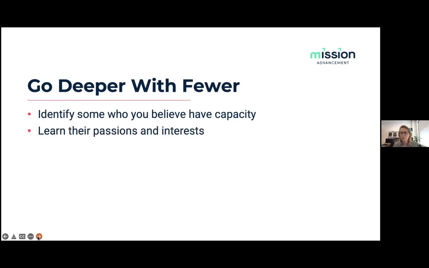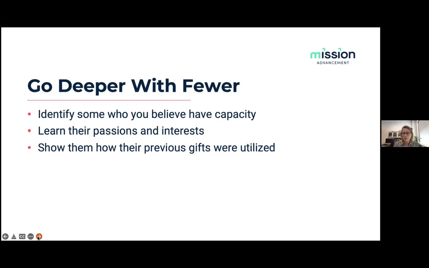You spend time with them, ask them why they support you, what else they do philanthropically, understand what makes them tick, show them how their giving has been utilized previously, give them some examples. If they've given you $5,000, what does $5,000 do in the context of your mission? How can you make that tangible for them?